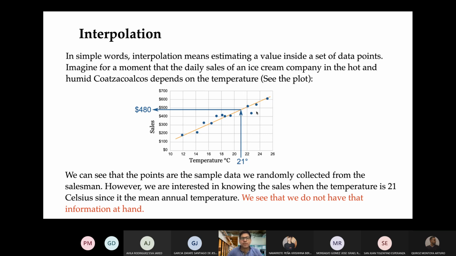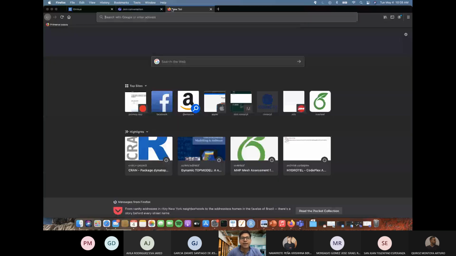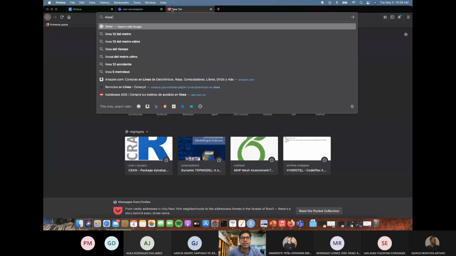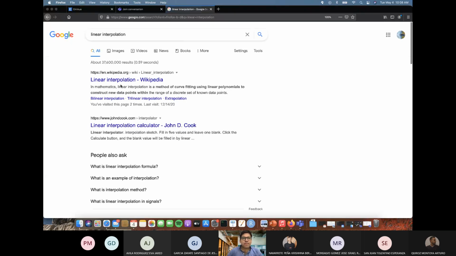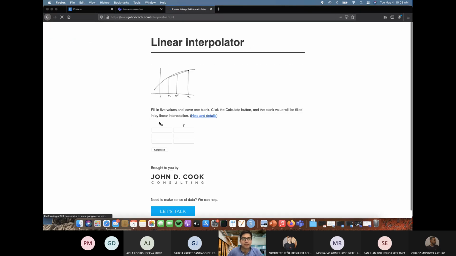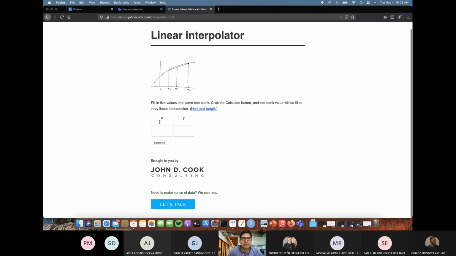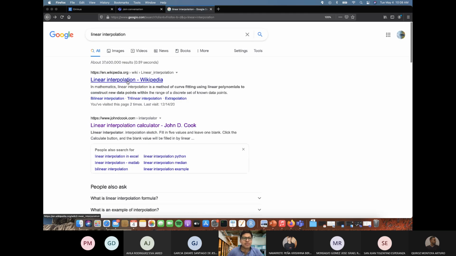If we go to the internet, you'll see that you have a very famous equation, linear interpolation.